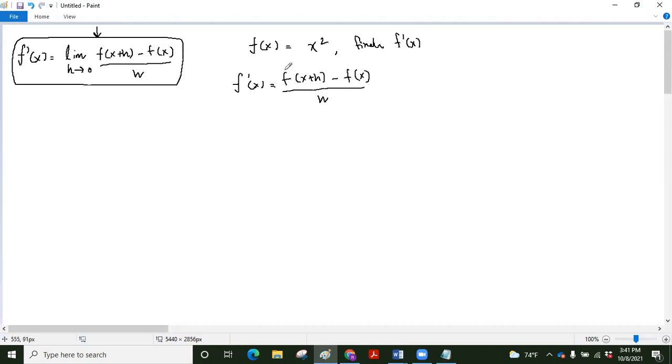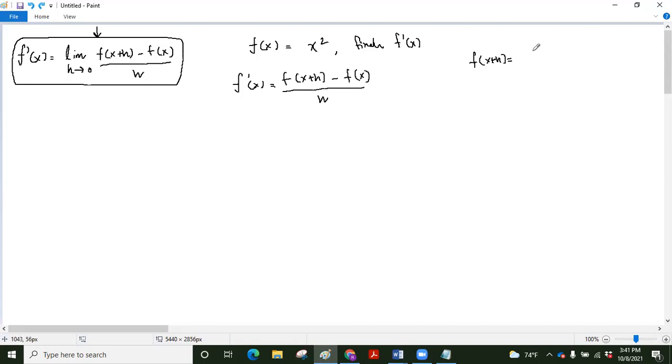So my goal is to find out what f of x plus h is, and what f of x is. When it says f of x plus h, it's telling me to take x plus h and plug it into x squared. And that will be my f of x plus h.